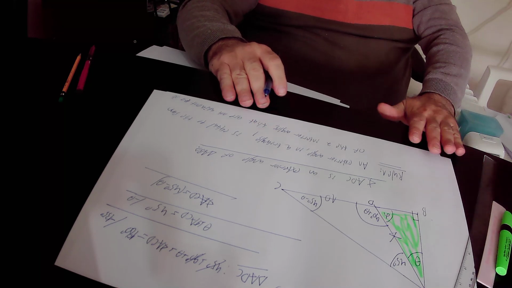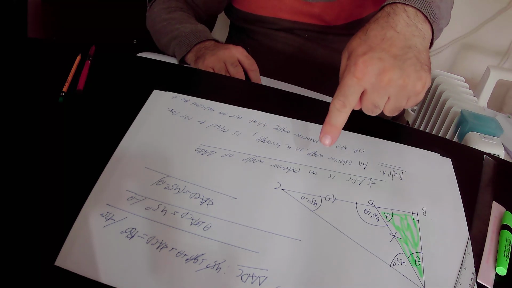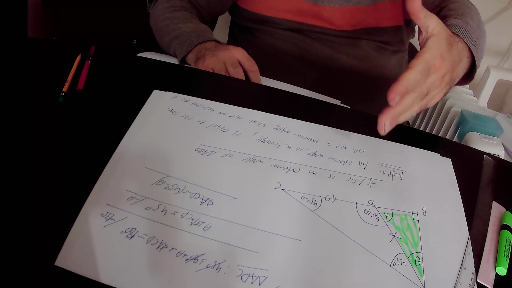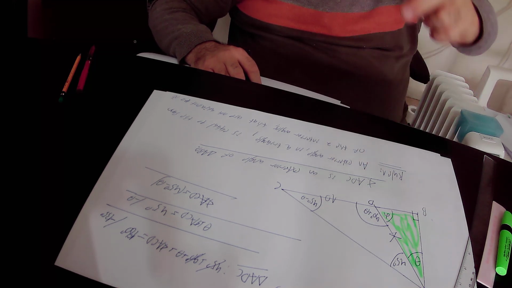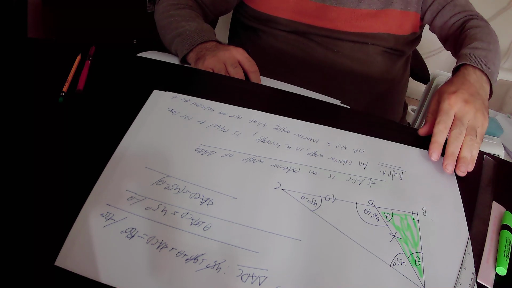Actually, we found out that this angle, angle ACD, that is equal to 45 degrees minus theta, is the smallest angle in triangle ADC. I will write it down.